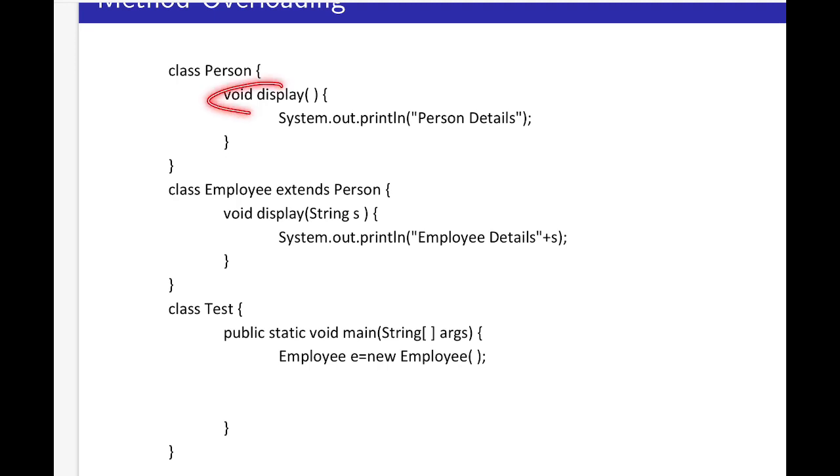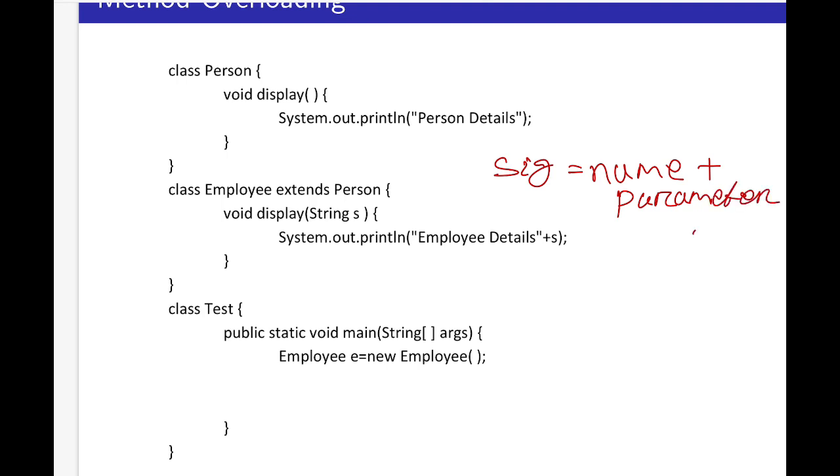That's why the signature of this method and this method are different, because the signature of a method is equal to name plus parameter list. So name and parameter list of a method constitutes the signature. So here, although the name is same, display, as the parameter lists are different, these two methods are different, or the signatures of these two methods are different.